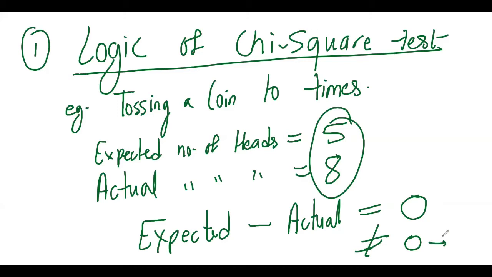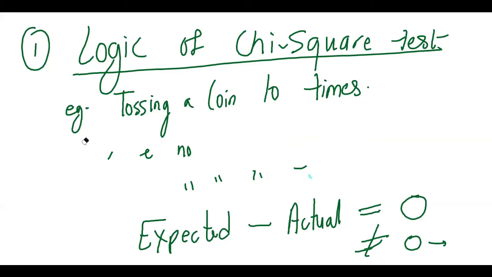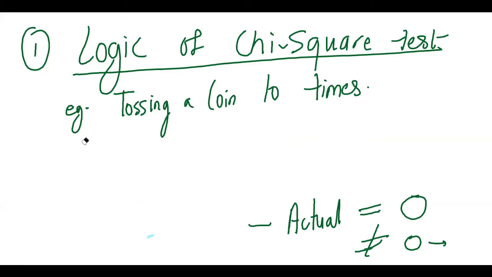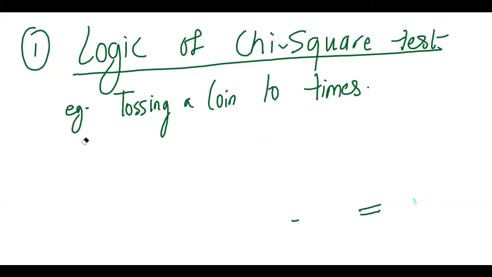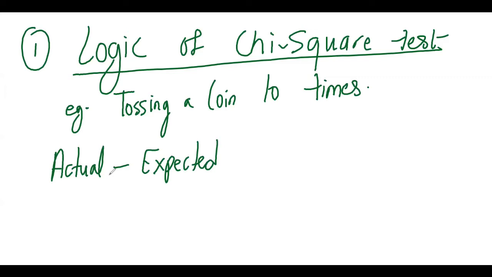So in chi-square test, you just decide what is the logic of applying the chi-square test. Let me explain it in a generalized way. In every case, we are comparing the actual minus expected. So we always compare actual and expected, and there are two possibilities.